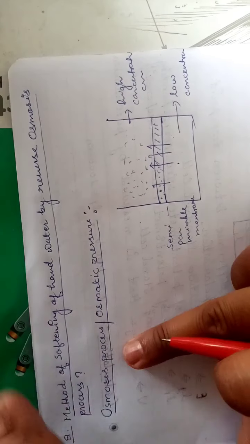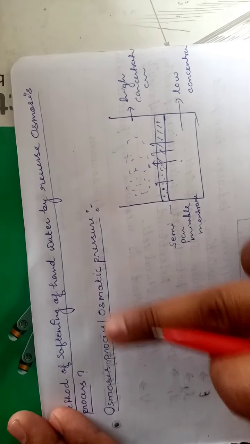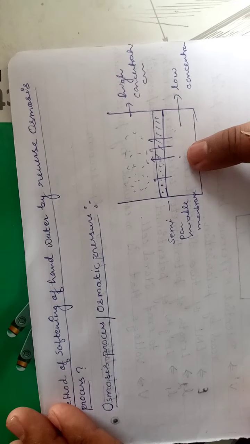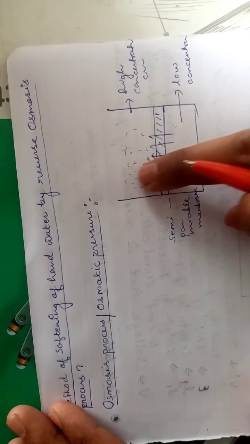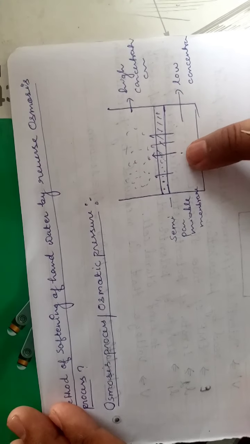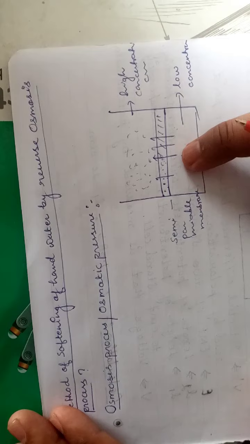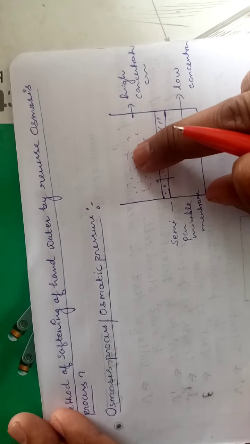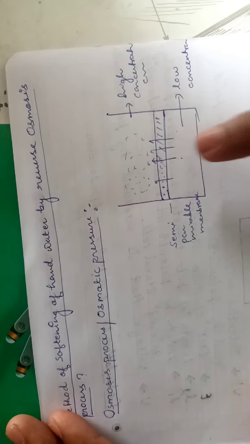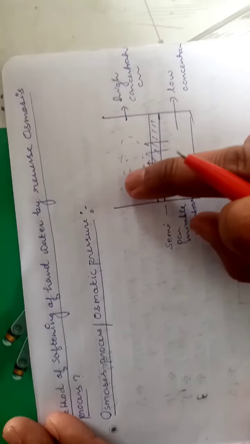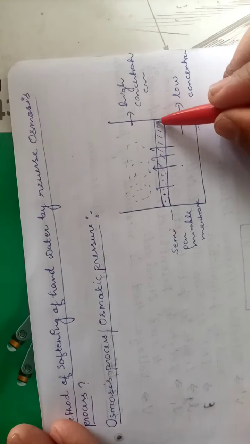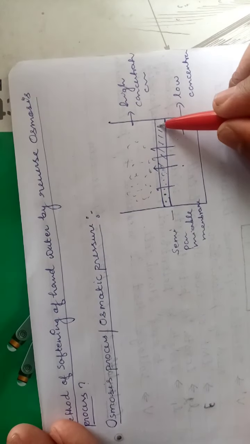So what is the osmotic pressure? When a liquid is separated by a semi-permeable membrane, the liquid always moves from low concentration to high concentration. Due to this movement, a pressure is exerted on the semi-permeable membrane.